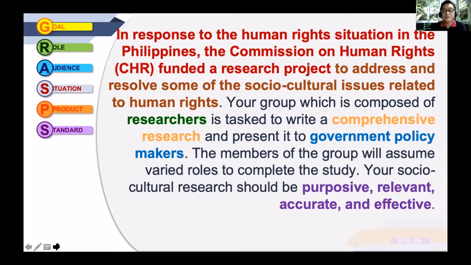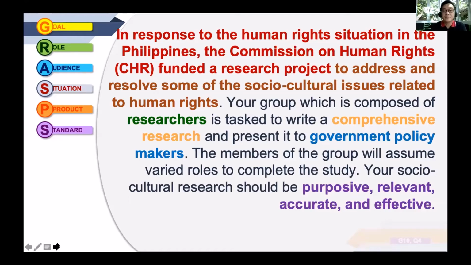Now, if you're carefully reading along with me, you'll realize that there is the goal, which I think is represented by the colors that appear on your screen. I don't have to walk you through again individually the goal, the role, and all. The role is there, the audience is there, the situation, the product, and the standard. But my question is, is this an authentic performance task?